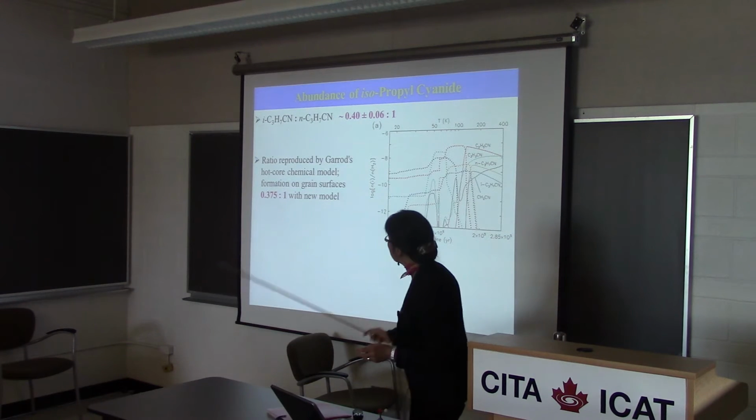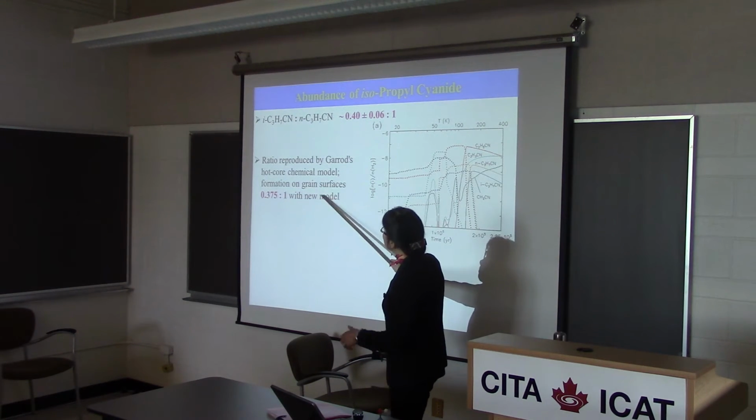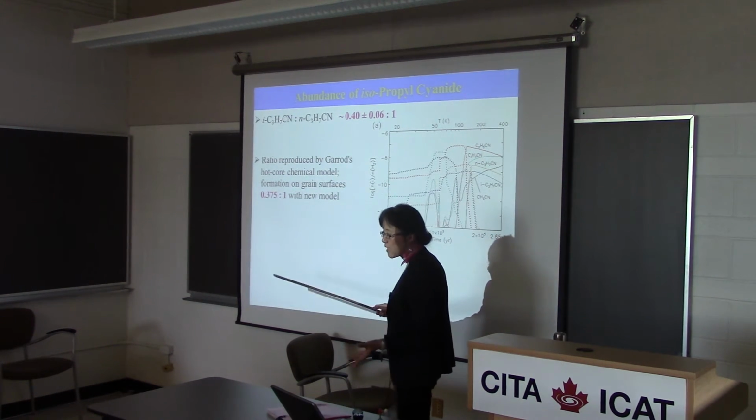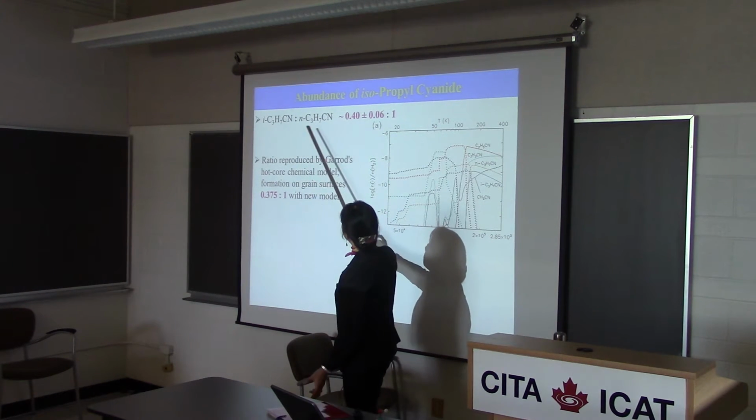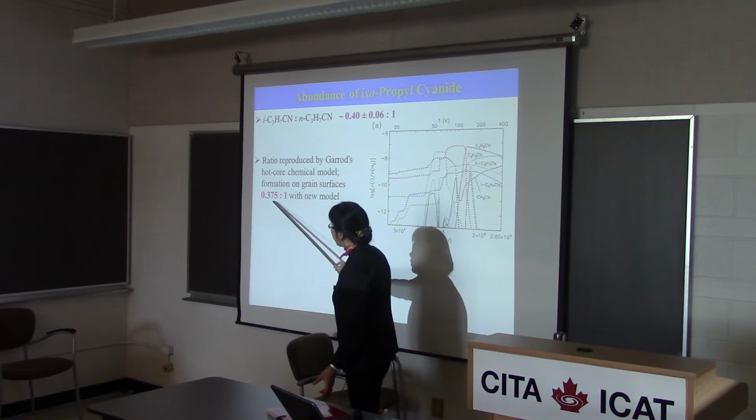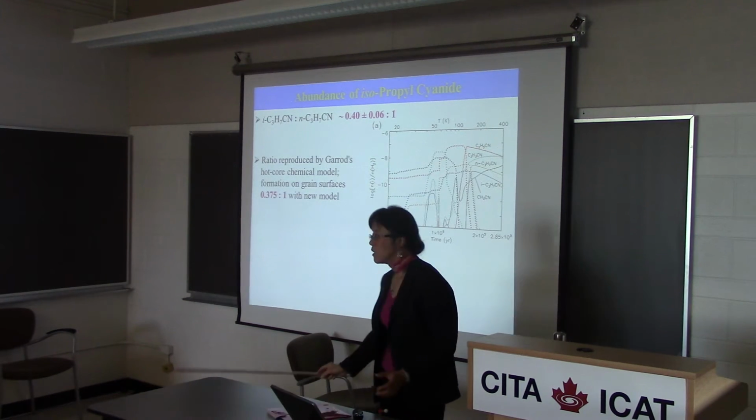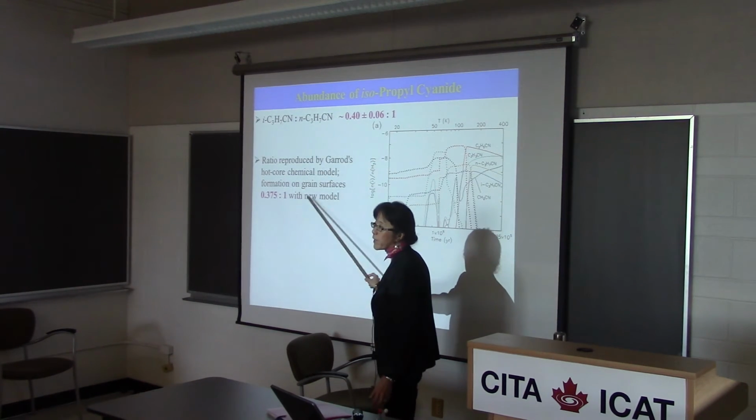And at the end of our work, we identified all the new species. Then my colleague put them into his model and improved his model. His model now tells us the ratio between isoform and normal form is about 0.375 to 1. So the agreement is really quite good.